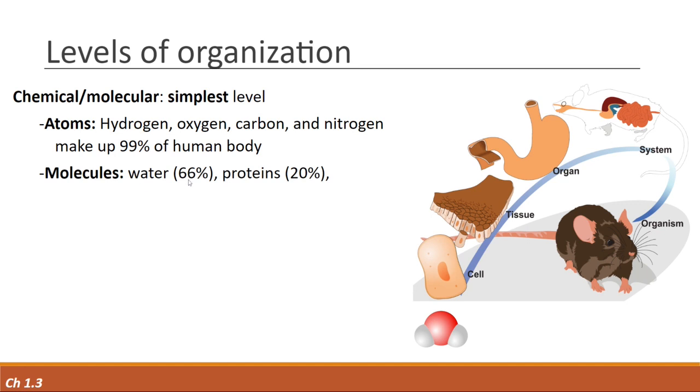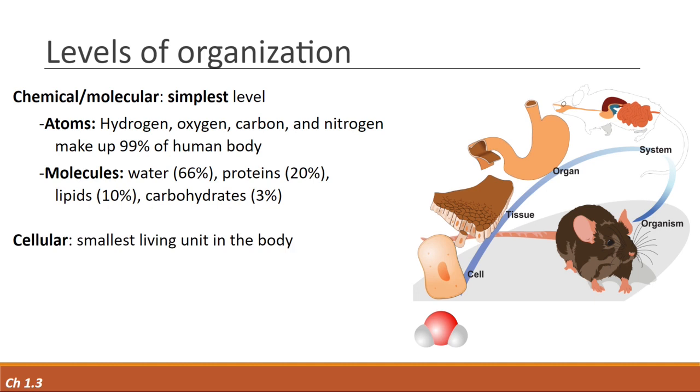We are largely made up of water and lots of protein molecules. Additionally, the lipids or fats and carbohydrates, those are the macromolecules we were talking about. We can combine those together to form our cells, the basic unit of life.